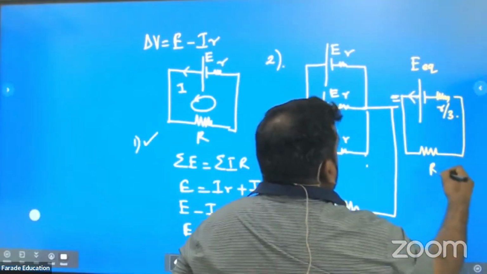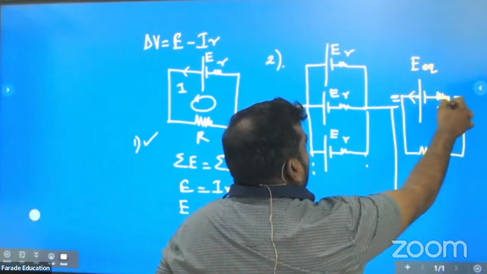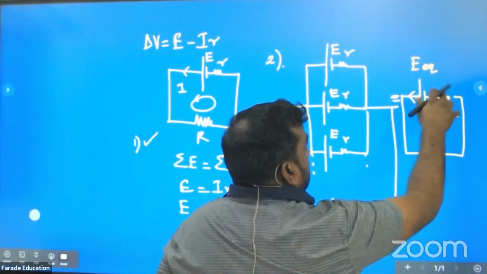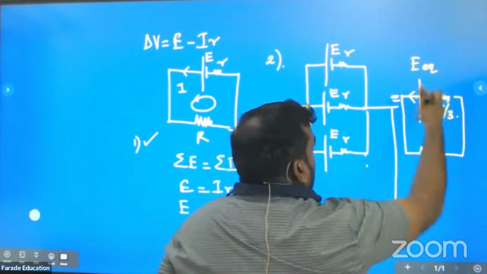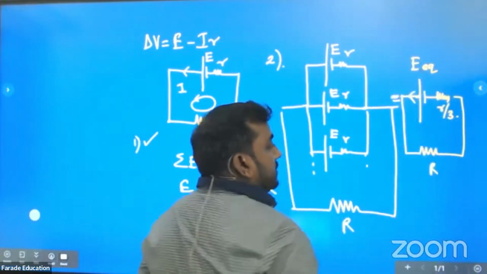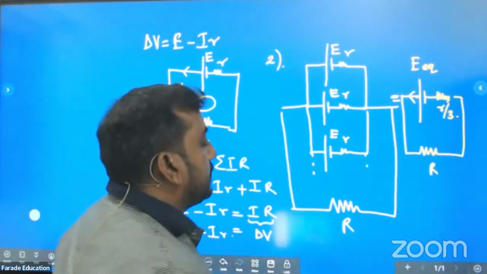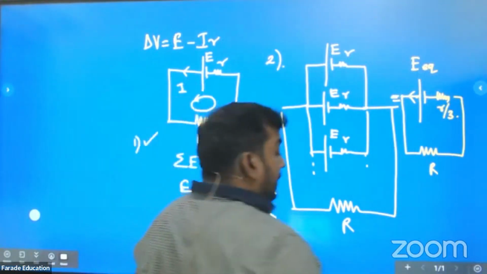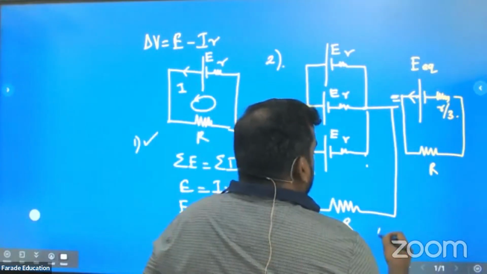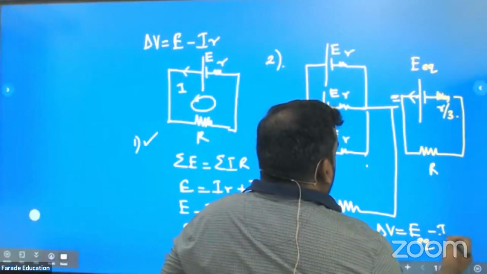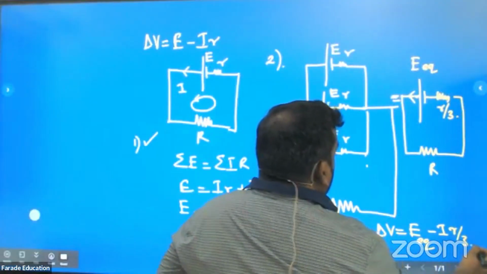The internal resistance here has reduced. That means effective resistance will reduce, and current will increase. Terminal potential difference is E equivalent minus I times r over 3.